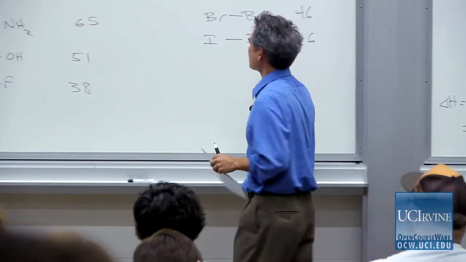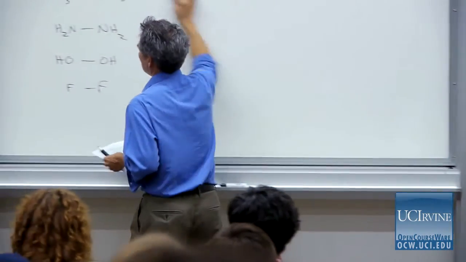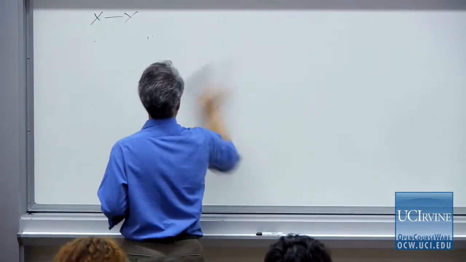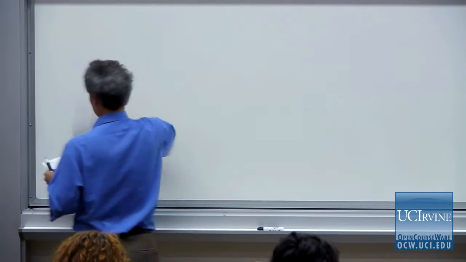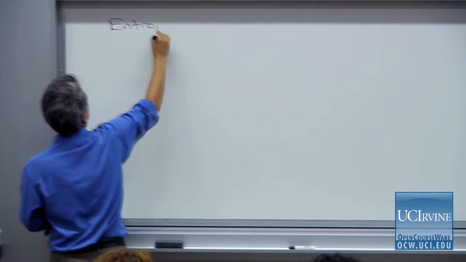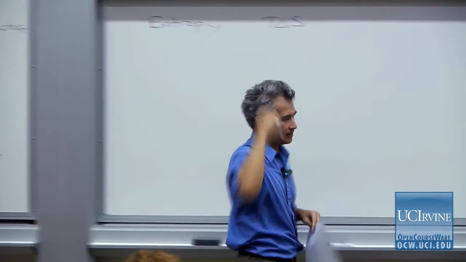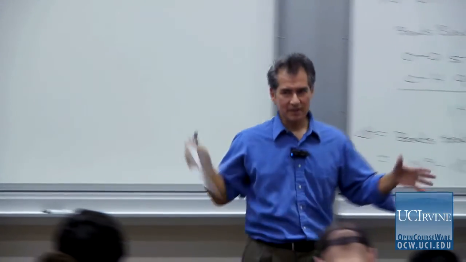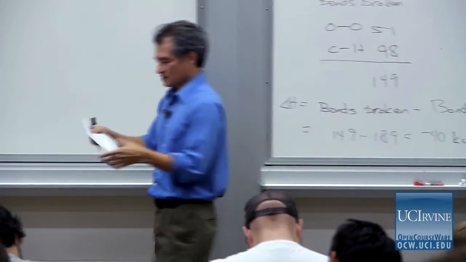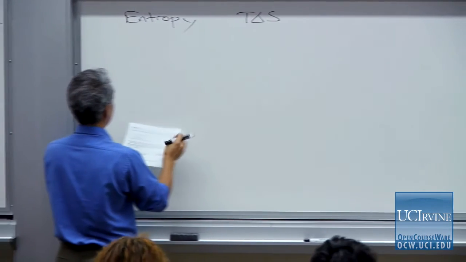And I want to talk about entropy before we leave today, because it's a huge bugaboo for us. This term right here is really going to place everything we talk about on insecure footing.